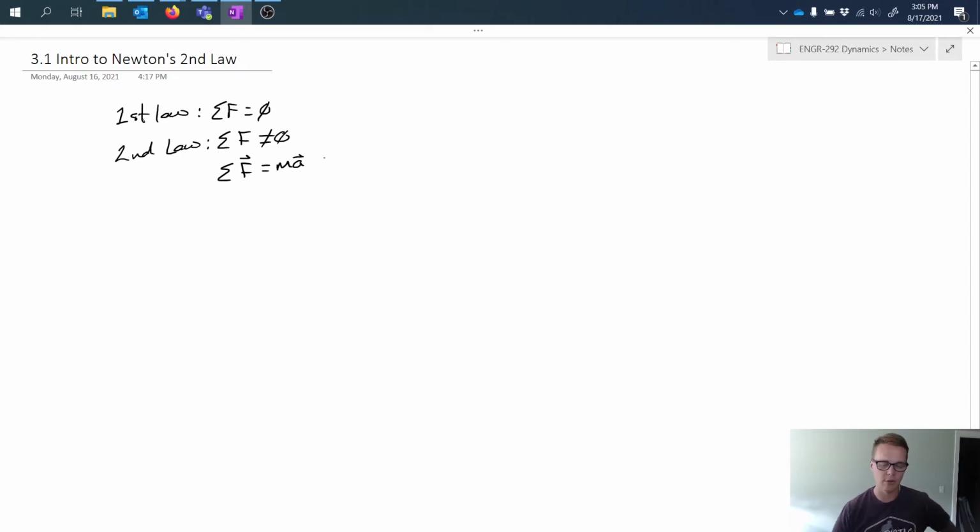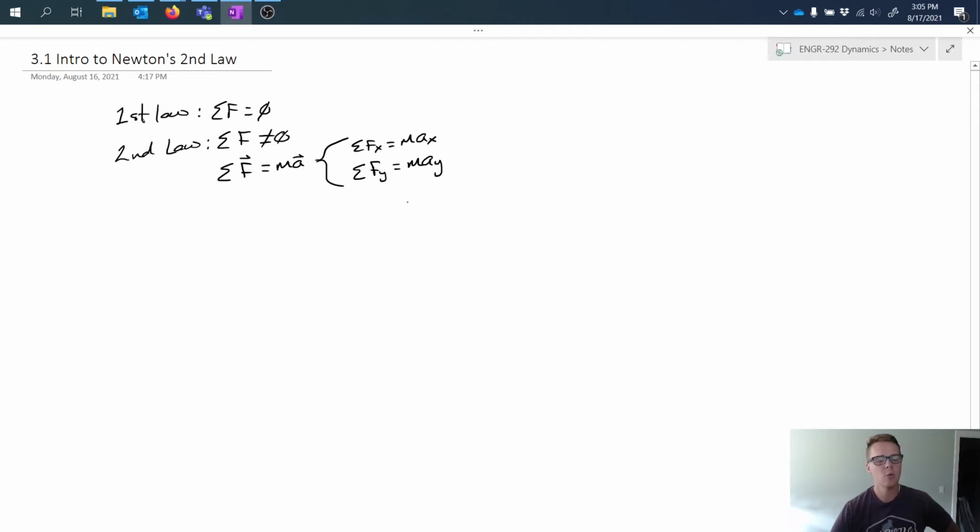So when it comes to actually solving problems, that can be pretty useful in that we might break those things up into the summation of forces in the x equals the mass times the acceleration in the x direction, and the same in the y, and the same in the z, of course, or again, any direction that we might want to talk about.